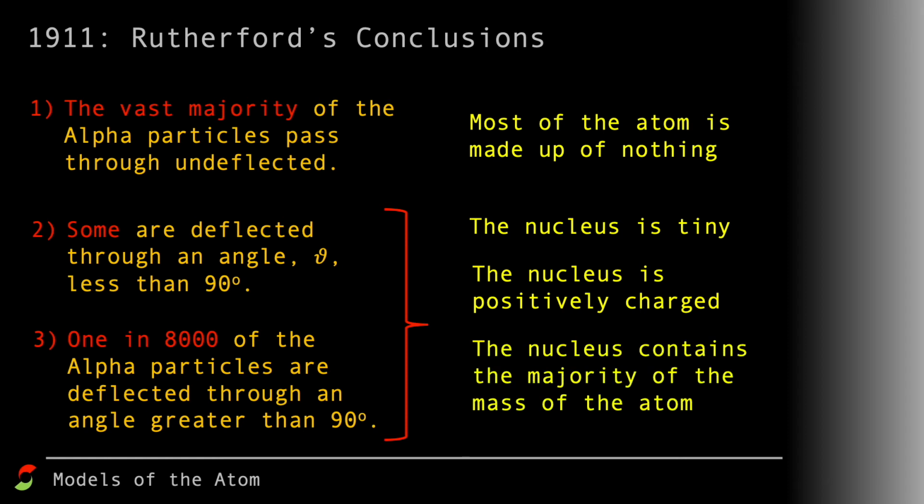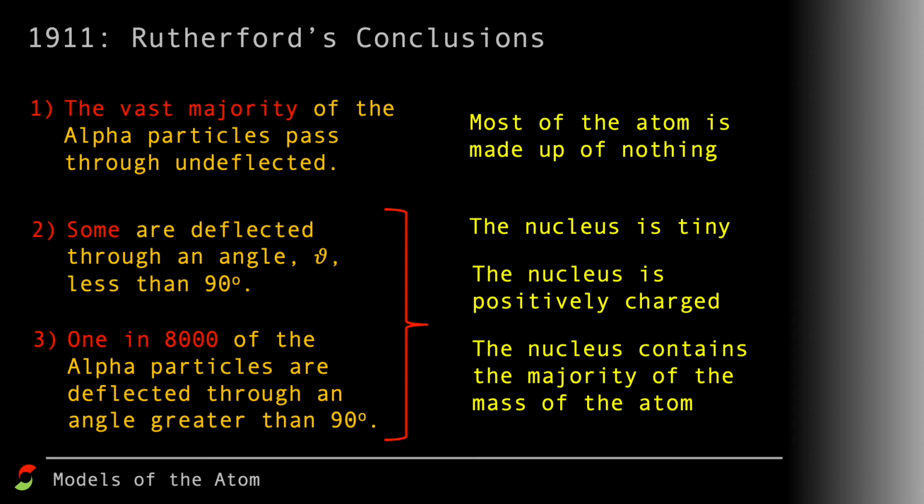And the final conclusion was that the nucleus must contain the majority of the mass of the atom. He came to that conclusion because the alpha particle was deflected back. It's a little bit like throwing a ball at a wall. The ball bounces back off the wall because the wall is more massive than the ball.